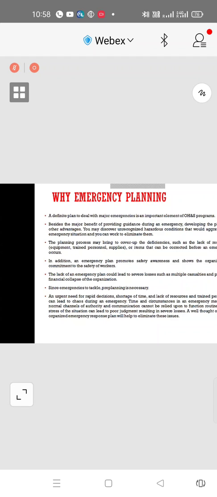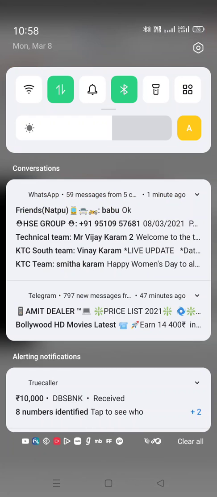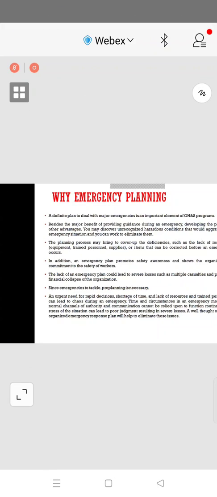An urgent need for rapid decisions has to be met. Decisions have to be made properly within a short time, and lack of resources and trained personnel can lead to chaos during an emergency.